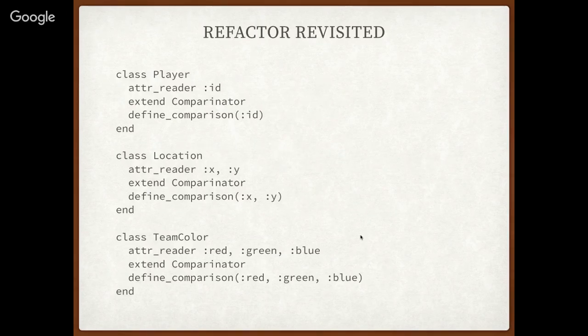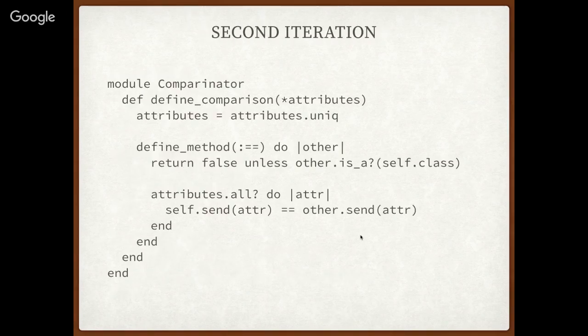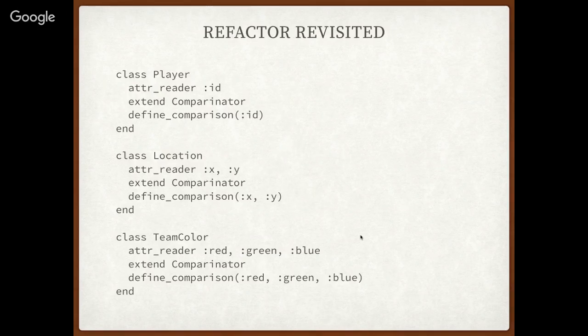So I can call define comparison ID on the class level, and it will go through and define a method for me. Extend works at the class level and include works at the instance level.